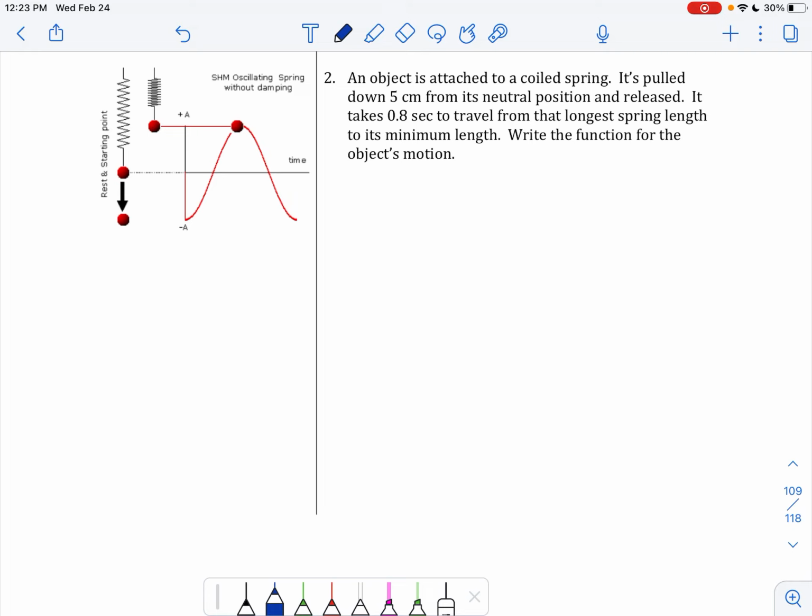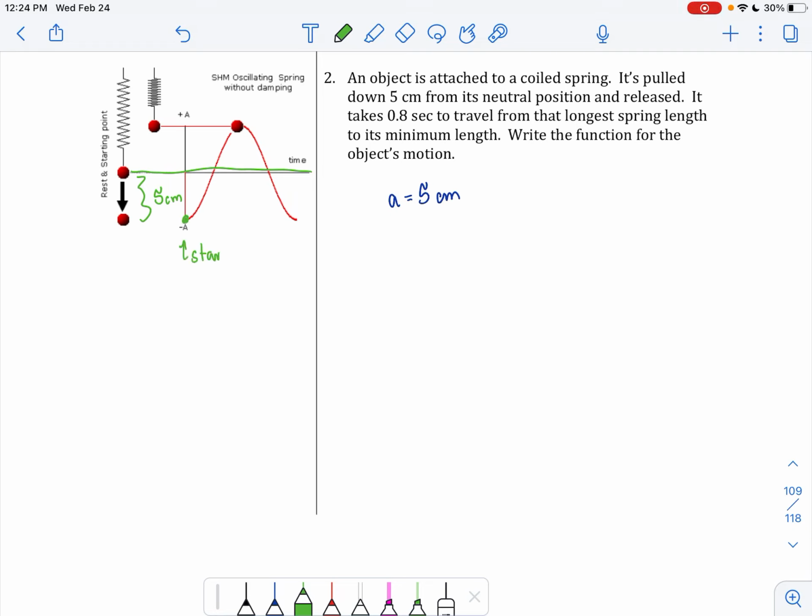What this tells us is that this distance is 5 centimeters from neutral, and that gives us our amplitude. So amplitude, nice and straightforward, is 5 centimeters. The other thing we need to find is k, and then we have to determine if it's sine or cosine. If I look at this graph, I can see that I am down here, starting at an extreme point.